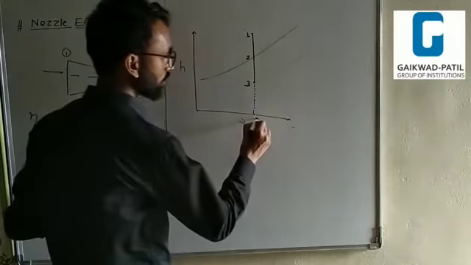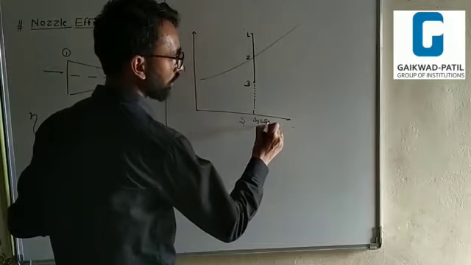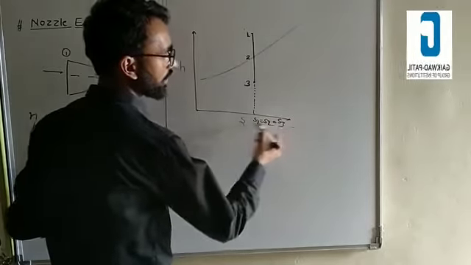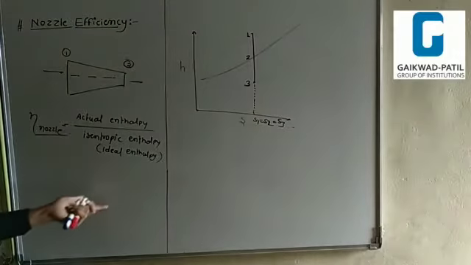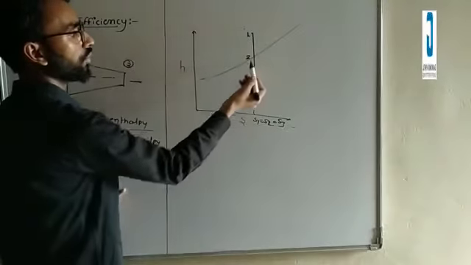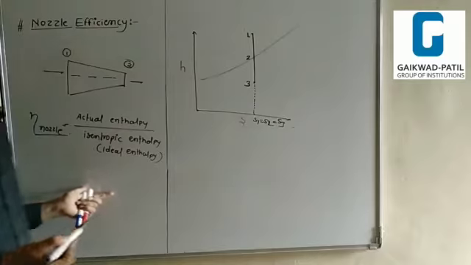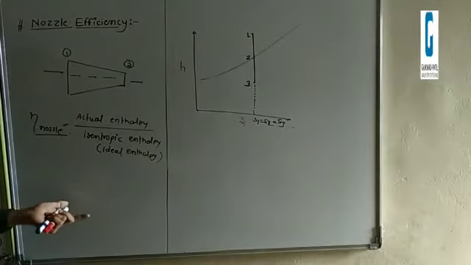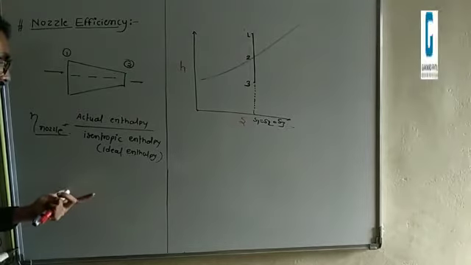S2 is equal to S1 is equal to S3. This is the isentropic enthalpy drop. 1 to 2 is the isentropic enthalpy drop and 2 to 3 is again an isentropic enthalpy drop. Like this.